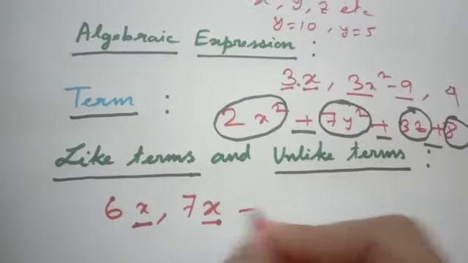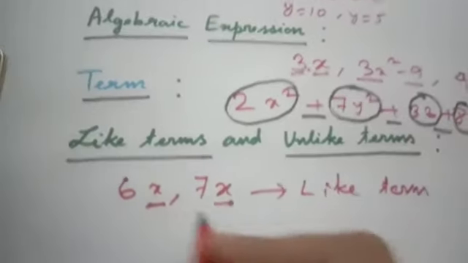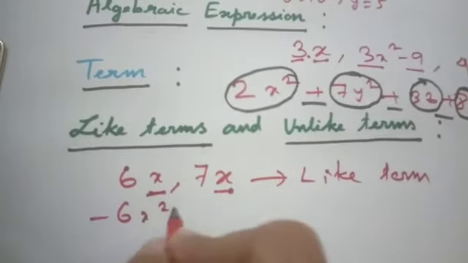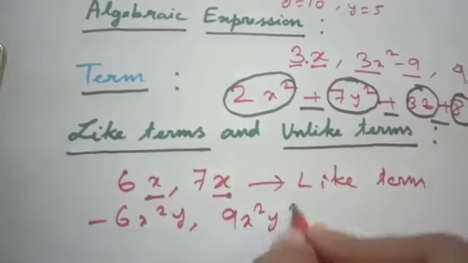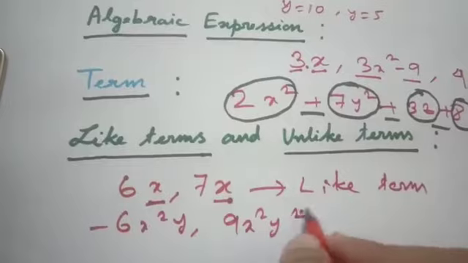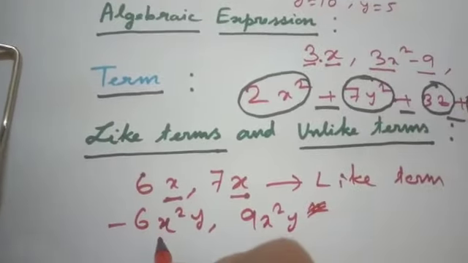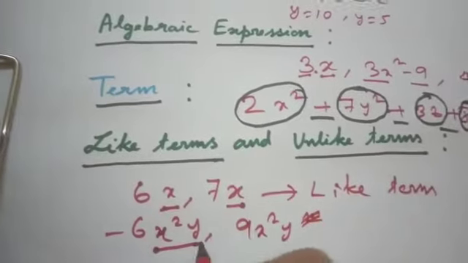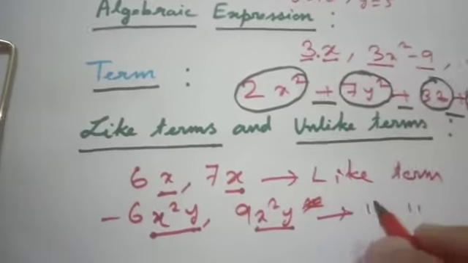So it is like term. Similarly, minus 6x square y, comma, 9x square y. Here the literal factor is x square y, and here also x square y. So it is like term.